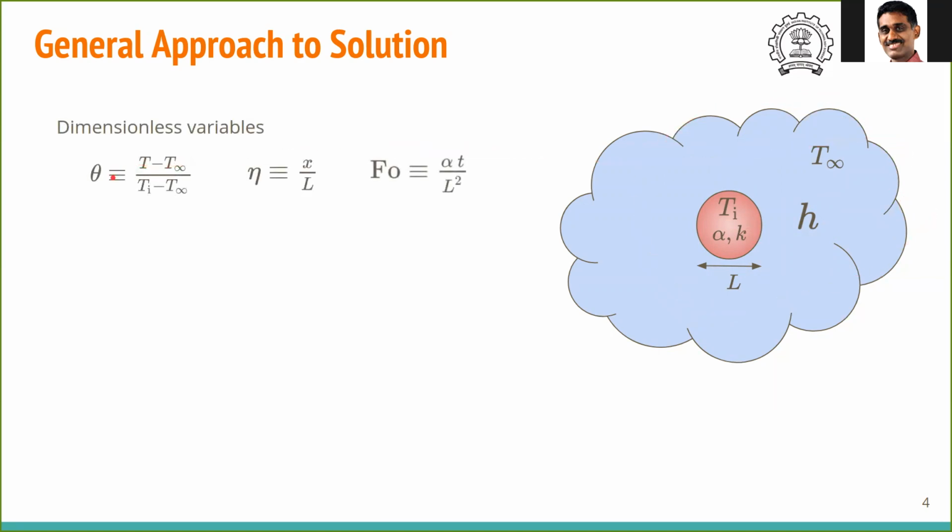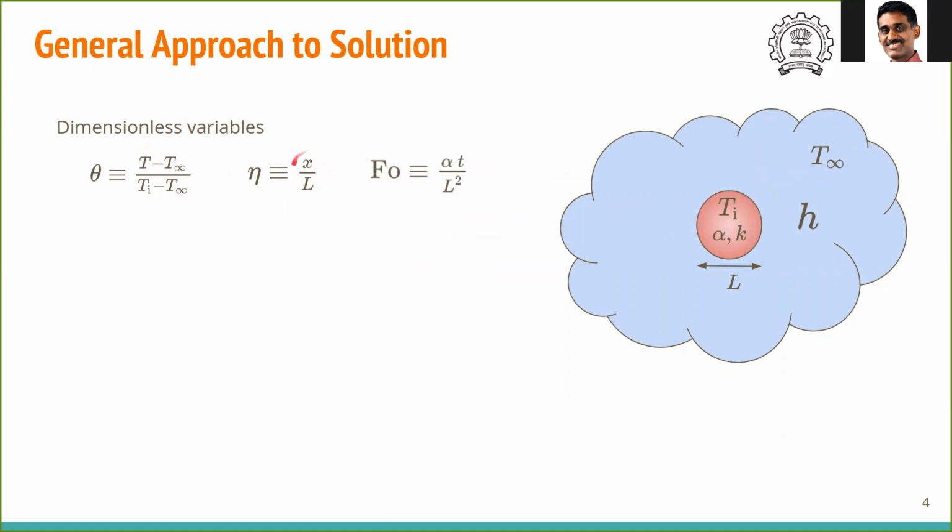So we can identify the dimensionless variables. We identify theta as T minus T infinity at any time t, divided by Ti minus T infinity, the initial difference. Ti minus T infinity is the maximum difference that can happen, and T eventually will reach T infinity.